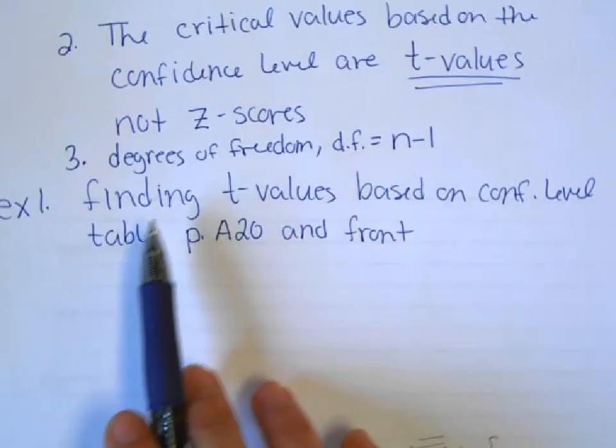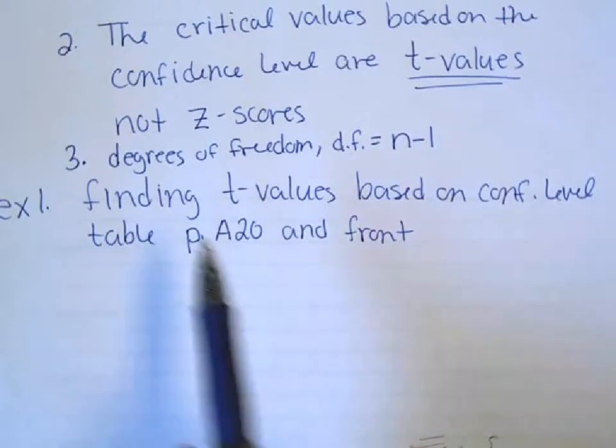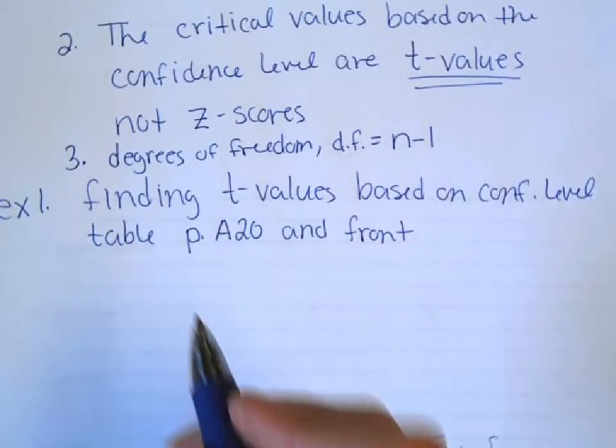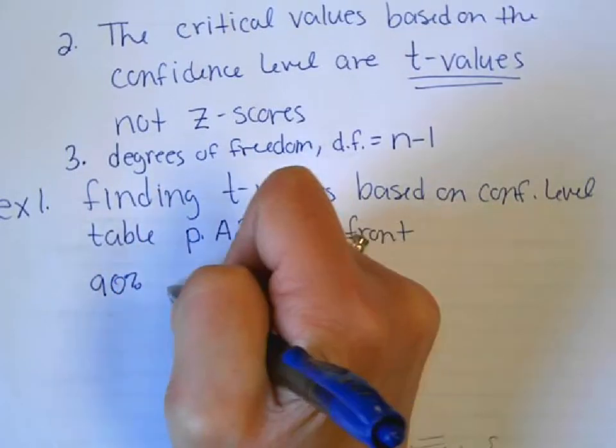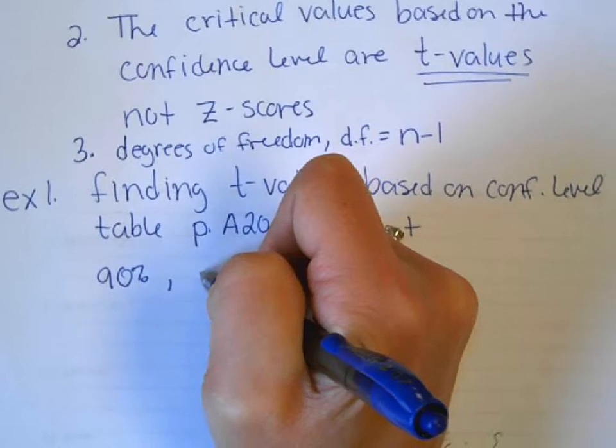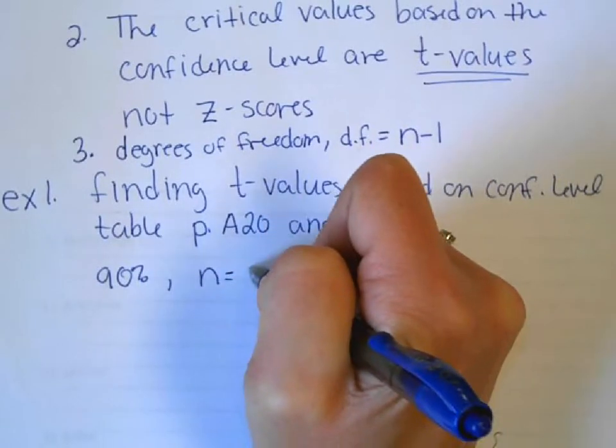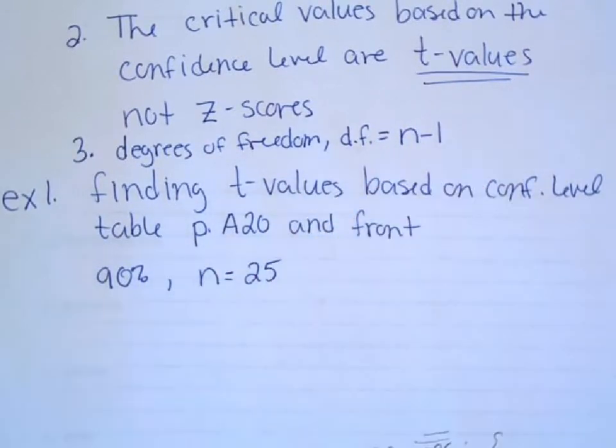So let's say, for example 1, we were going to do a 90% confidence interval. Are we doing like A, B, C? Nope. And our sample size is 25. So that's under the 30, so it's a small sample from a normally distributed population.